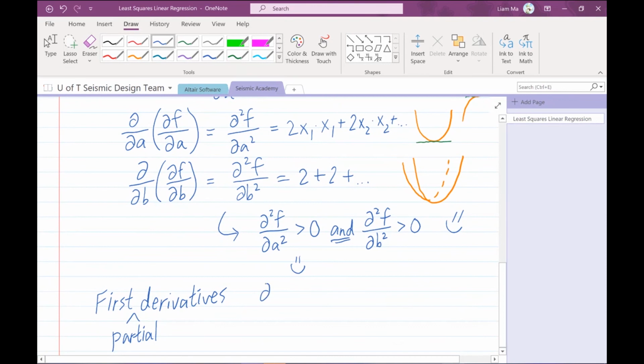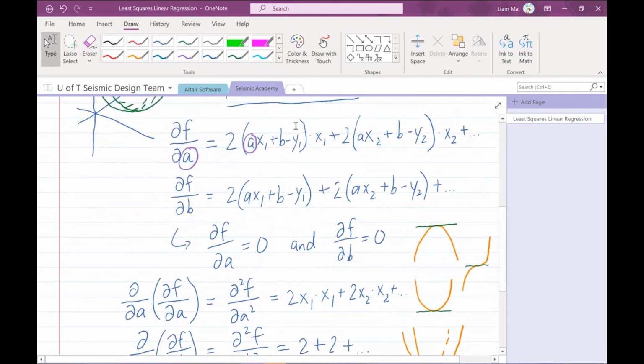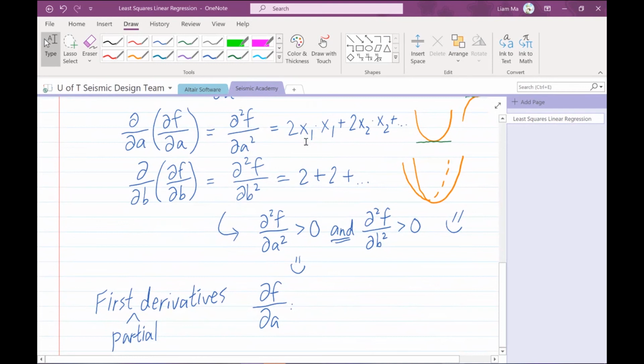The first equation that we have is our partial derivative with respect to A. So this expression, while not particularly nasty, is very repetitive, and that's why we're going to use sigma notation. So it's going to look like 2 times A multiplied by the sum of all squared x's plus 2 times B times the sum of all x's.